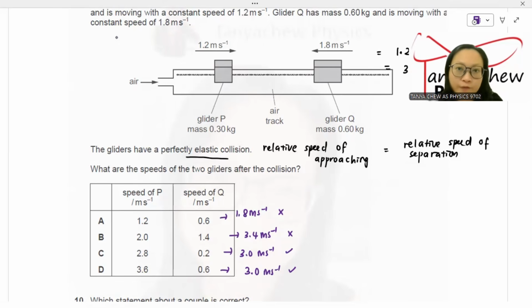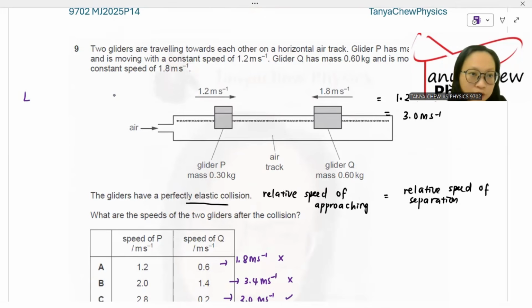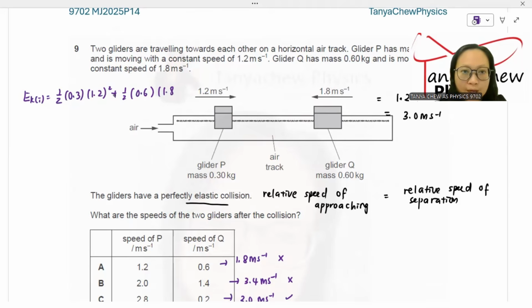So I need to find the initial kinetic energy and compare it with the final kinetic energy. Then only can I be sure which is the answer. The total initial kinetic energy is half times mass 0.3 times 1.2 squared, plus half times 0.6 times 1.8 squared.